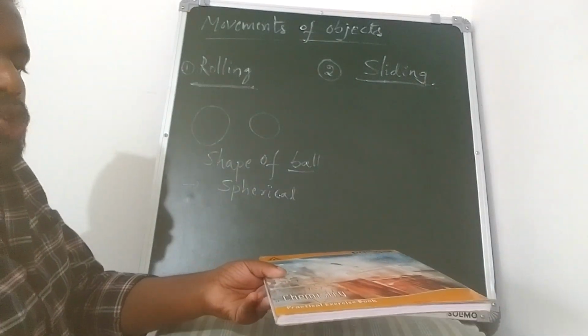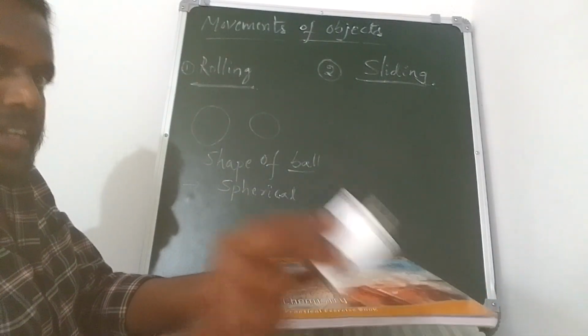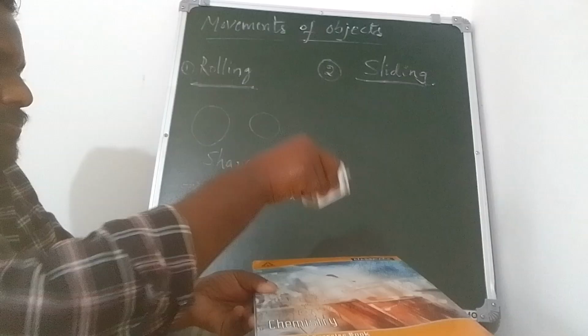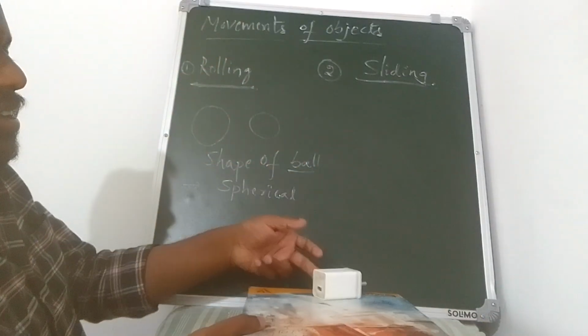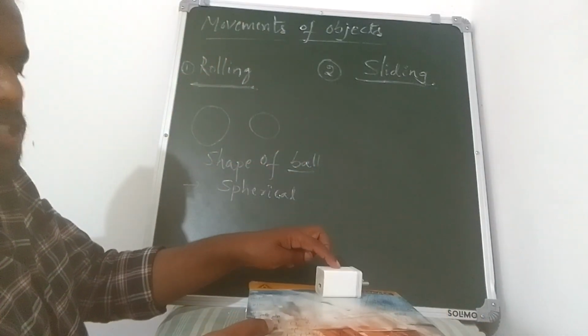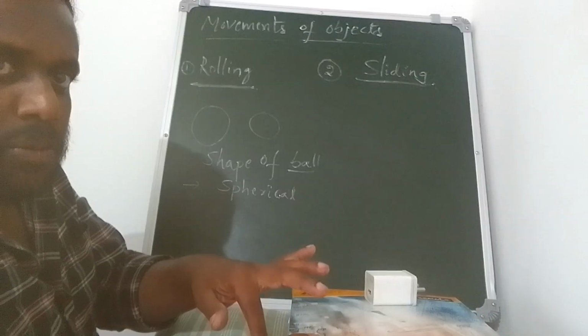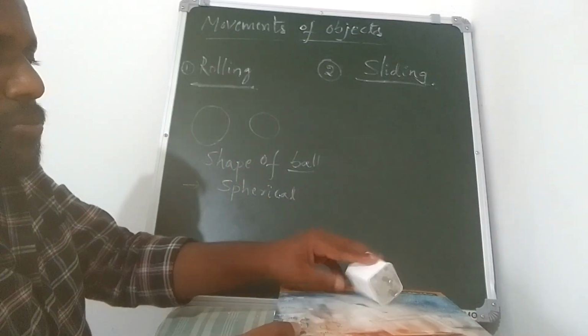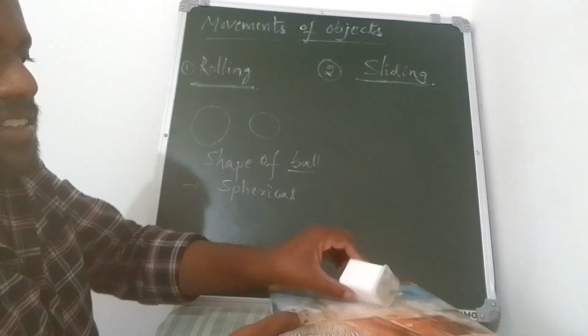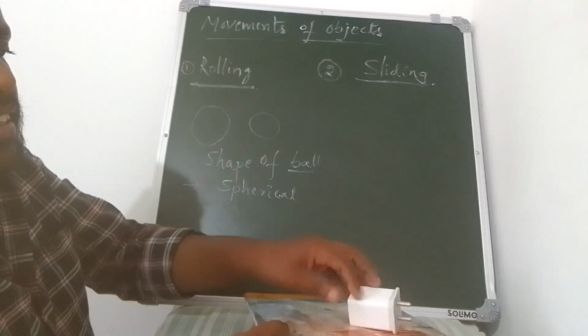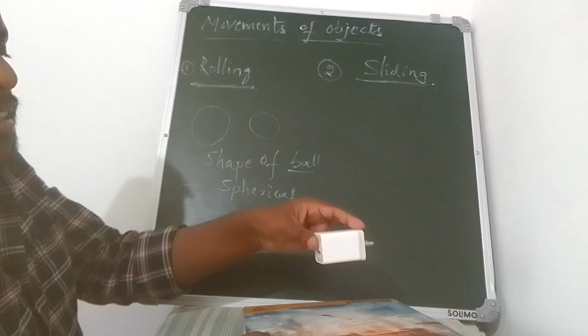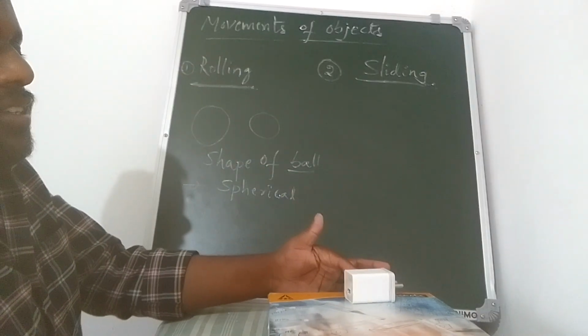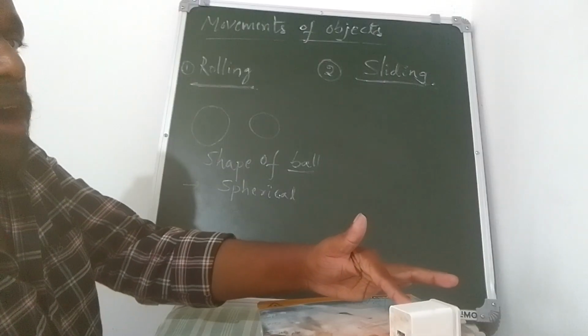In the beginning I have shown another example: the charger. See, the charger also, like the chalk piece and ball, is not moving like this, like this. When I push like this, see how it is moving.